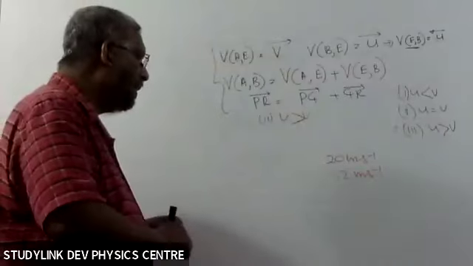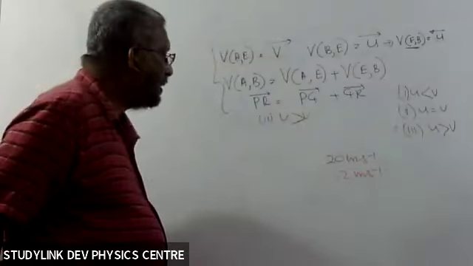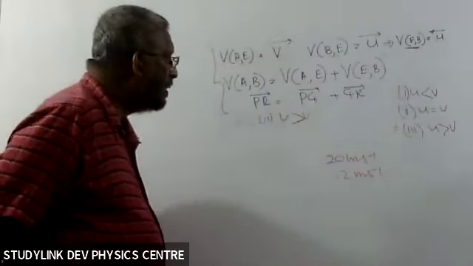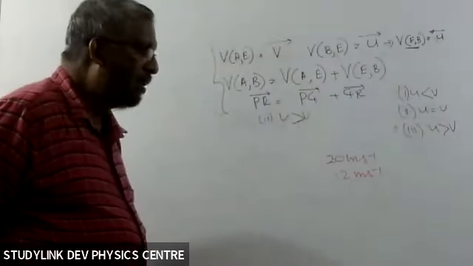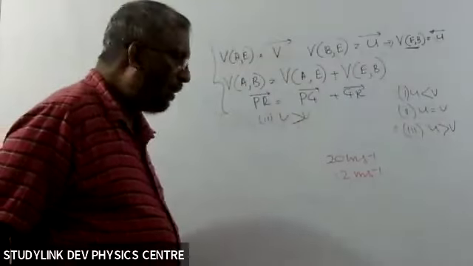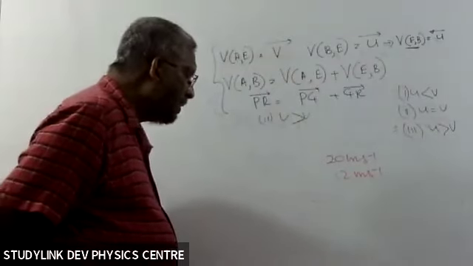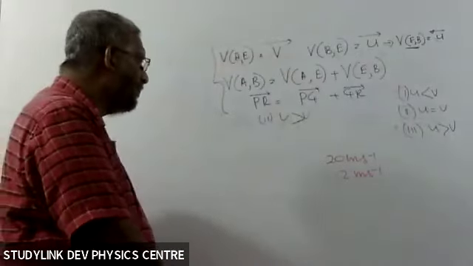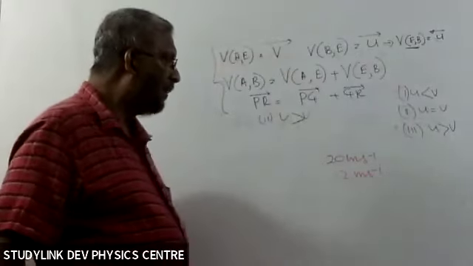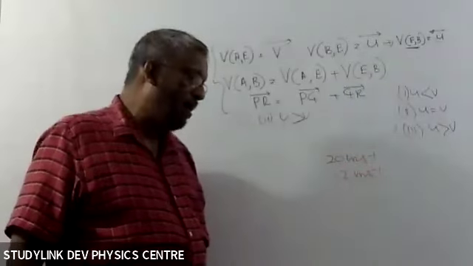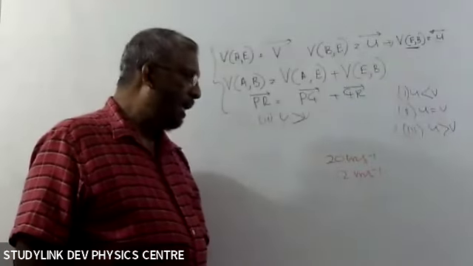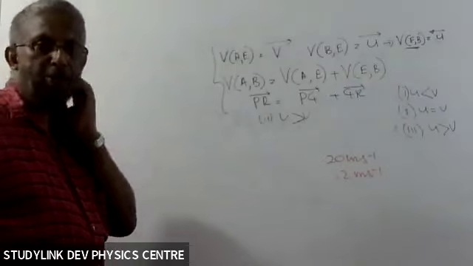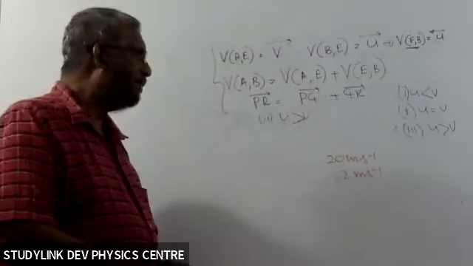Find the relative velocity of the lorry, or find the velocity of the lorry relative to the car. Find also the relative velocity of the car relative to the lorry. That should be the opposite direction, with the same magnitude.